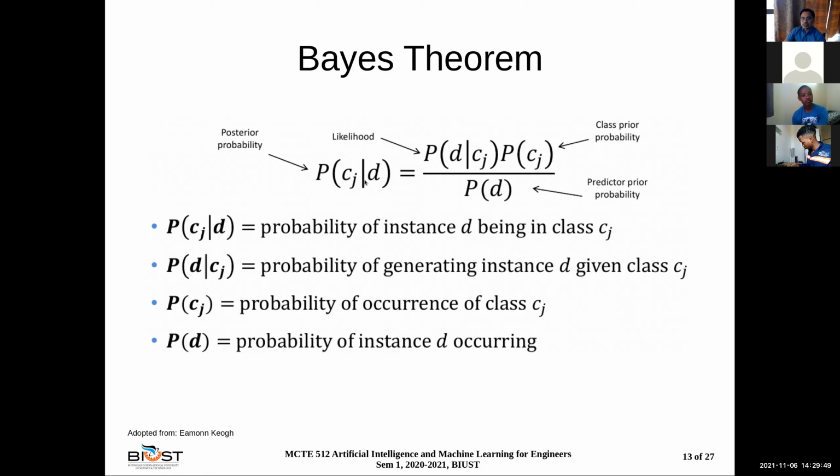In this case, we don't measure the probability of the alligator by itself. We consider the probability of all the classes that are given, in this case alligator and crocodile. So we compare which one has a higher probability. The one with the higher probability is most likely the class where that new instance belongs.